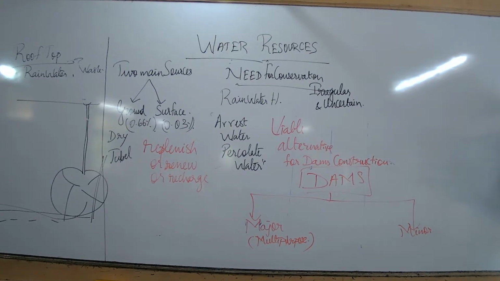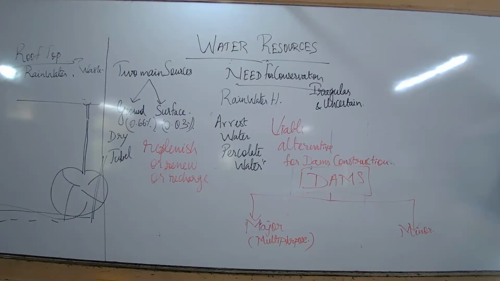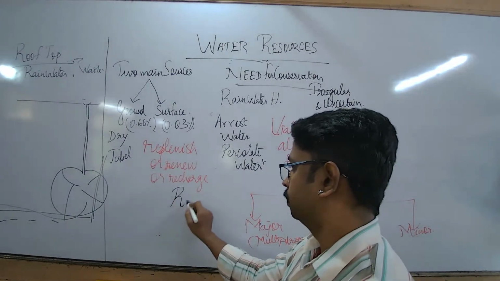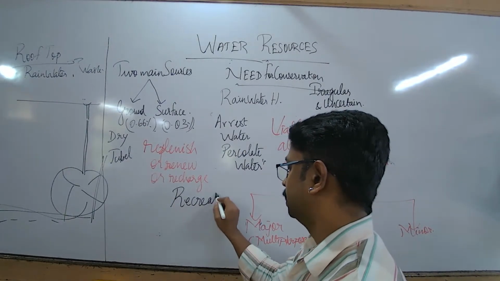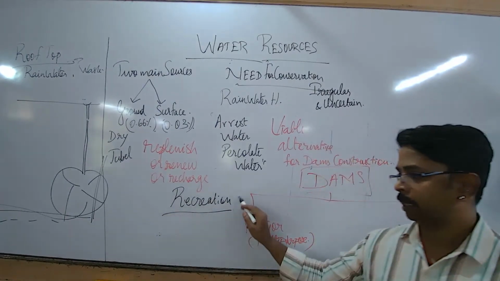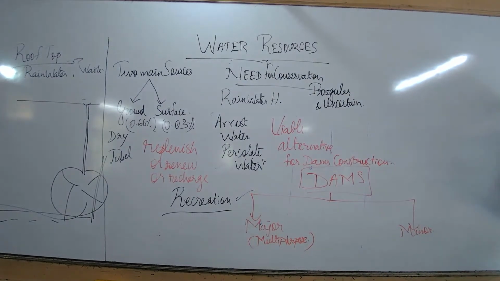Next, site for recreation. Don't write 'site of', write site for recreation. What is recreation? Tourists. Next, canal water can be used for fishing.